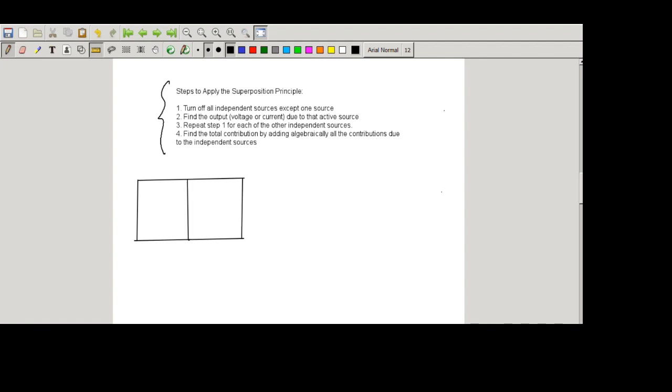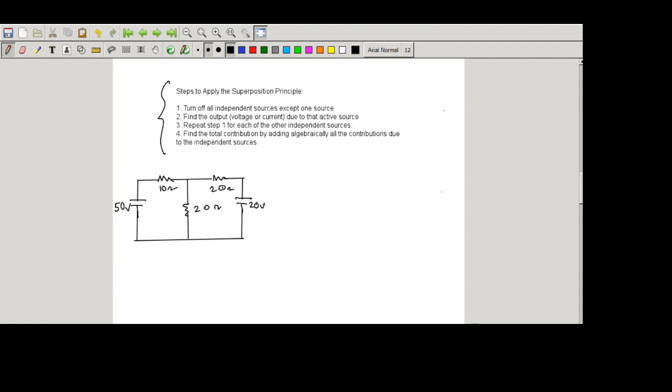In this example, I keep two sources and a few resistances connected here. One source is 50 volts, and another source we keep is 20 volts. Now we use three resistances: this one 10 ohm, this one 20 ohm, and this one 20 ohm. These three resistances are connected in this circuit.